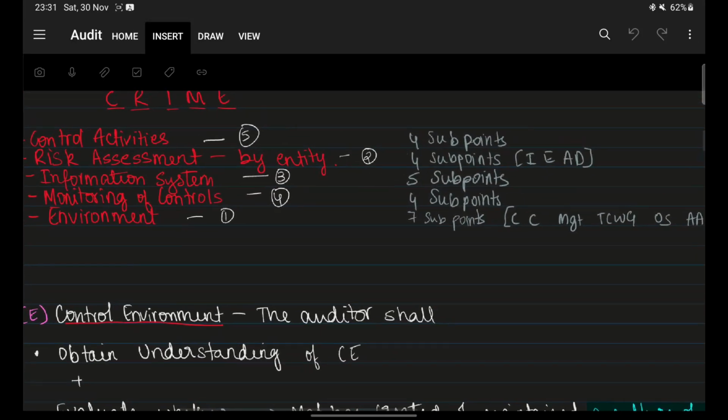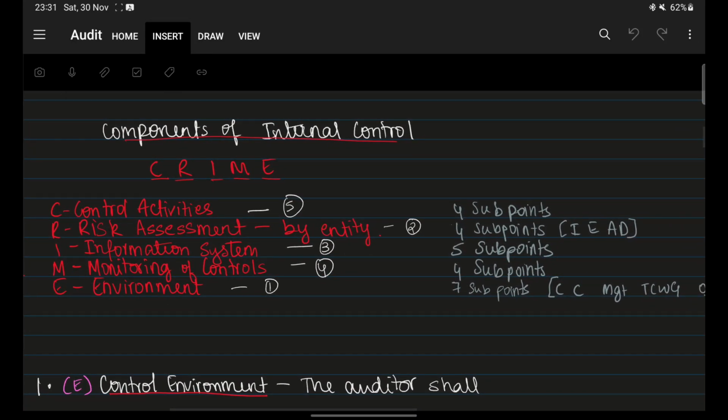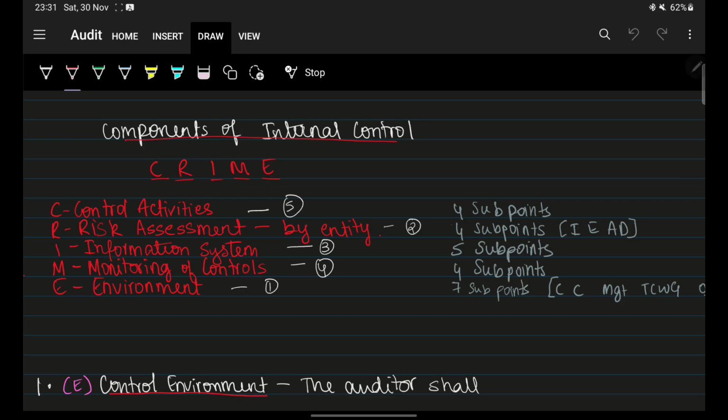Like I told you, the acronym for components of internal control is CRIME. The first one is control activities. From C, control activities. R, risk assessment. I, information systems. M, monitoring of controls. E, environment.